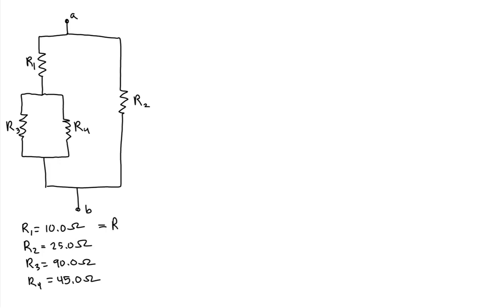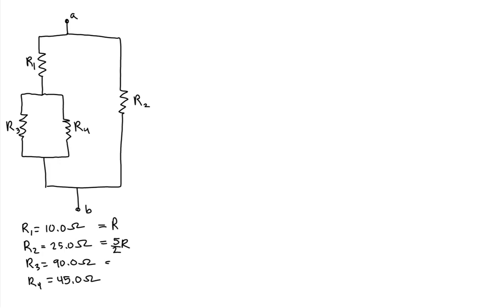Notice that resistor 2 is 2.5 times the resistance of resistor 1. So I'm going to indicate that as 5/2 R, because 5/2 is equal to 2.5, and 25.0 is 2.5 times 10.